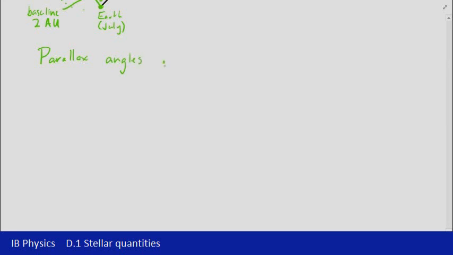So parallax angles of less than 0.01 arc seconds. Now you might think, well, hang on, that's a ridiculously small angle, considering that 1 arc second is 1/3600th of a degree. When you're talking about very large distances, those angles are still quite easy to measure considering we've got the background stars to measure against.